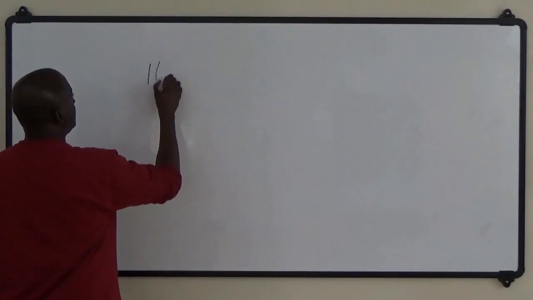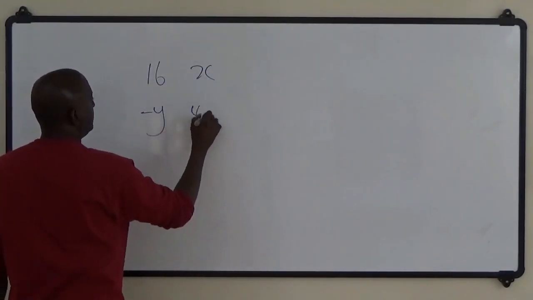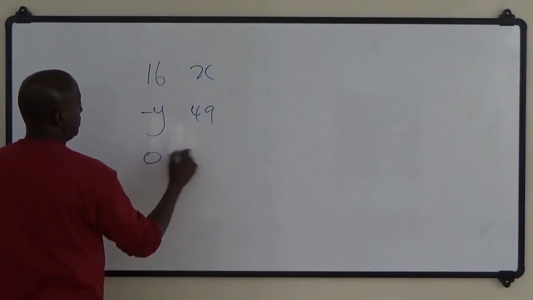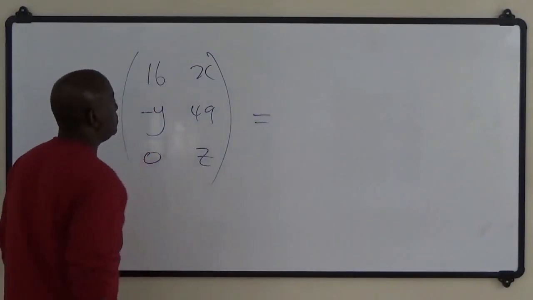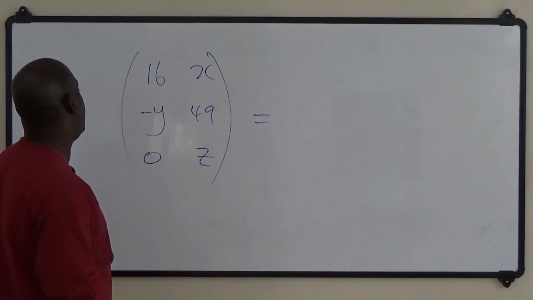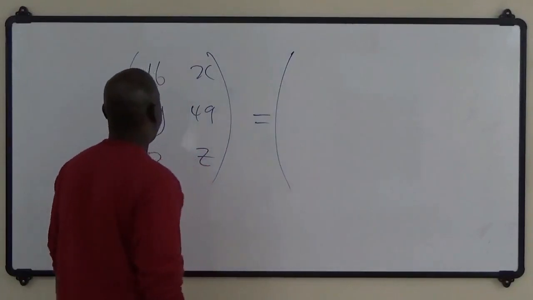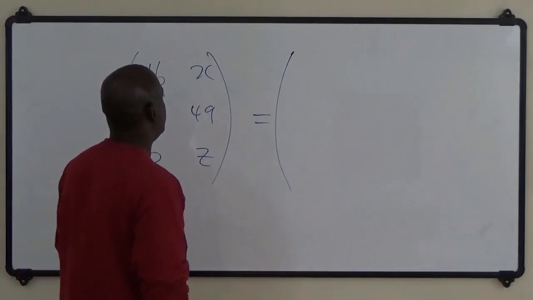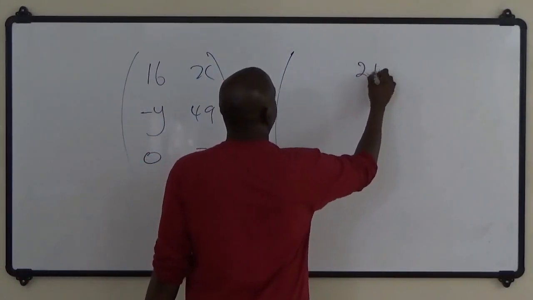let me see, 16x minus y, 49, 0, Z. If they say that is equal to the matrix, let us say, 2 plus y.